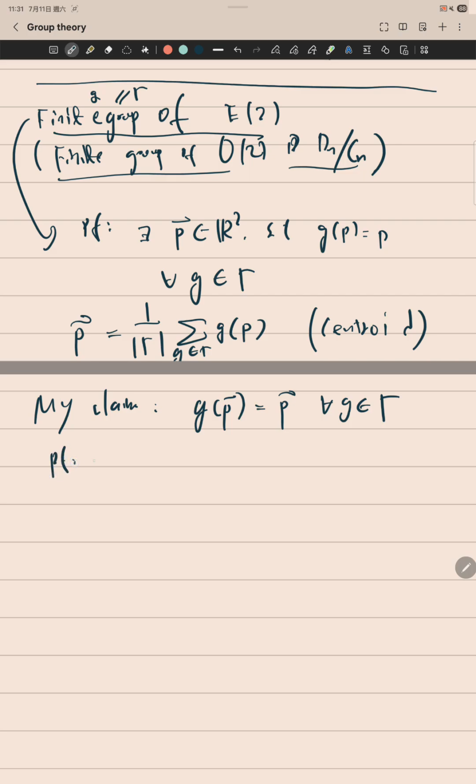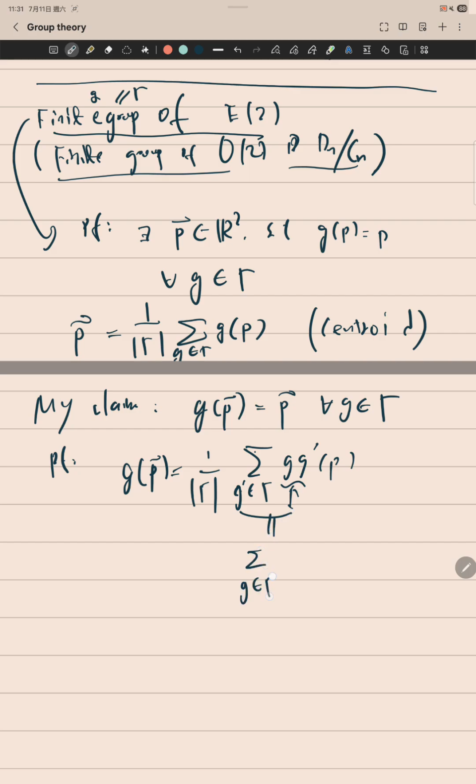You just do a direct computation: it is one over the order of gamma, sum over G' in gamma of GG'P. But this is the same as a permutation of the elements G', so this is still the same as the sum over G in gamma of GP, which is P.